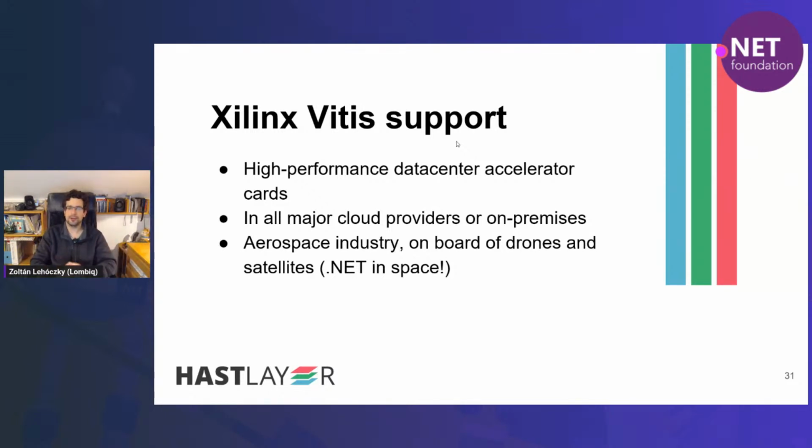They call them data center accelerator cards. And these are available in pretty much all major cloud providers. So Azure, AWS, Baidu Cloud, those all have these cards. And these are also widely used in the aerospace industry. So again, if you would like to code something that goes into space, as a .NET developer, this is your chance to do it.